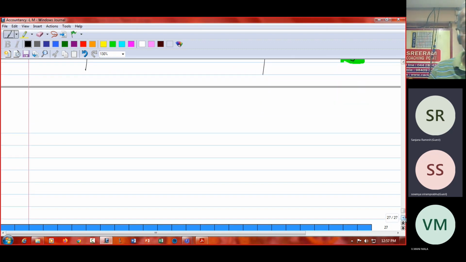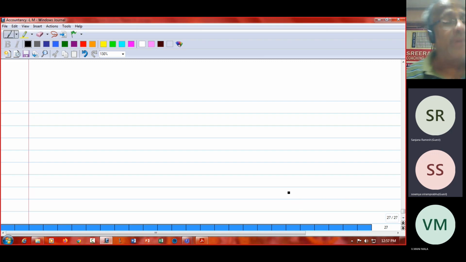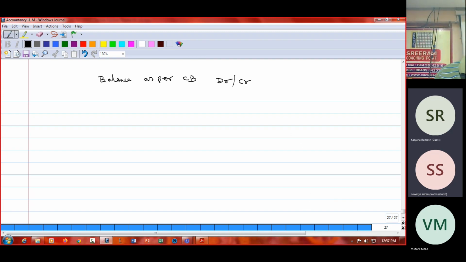Now, your bank reconciliation statement, you can start with the cash book. That is, balance as per cash book. It could be debit or credit. And you would finally be finding balance as per passbook, debit or credit.